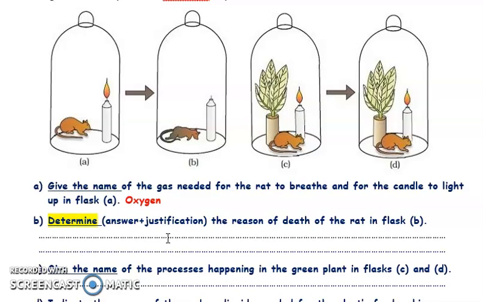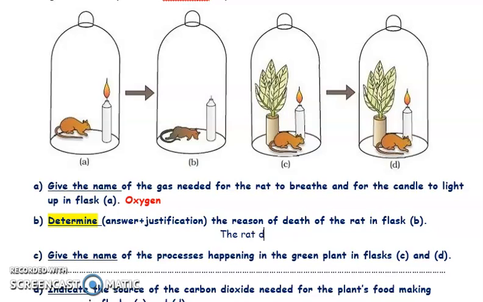After a while, there is no more oxygen gas inside the jar. So what will happen? The candle will burn out and the rat will die. So the rat died because there's no more oxygen in the flask.